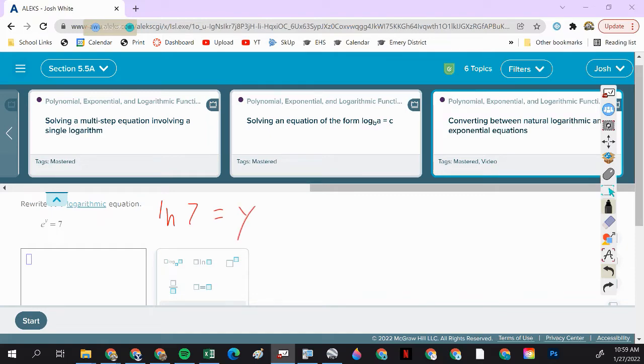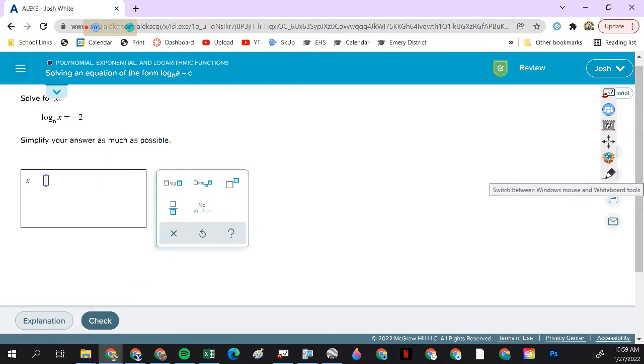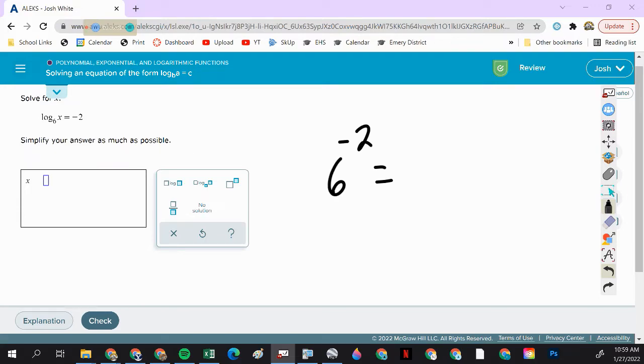Super easy. Okay. How would we solve this? 6 to the negative 2 equals x. Yep. 6 squared is 36. The negative flips it upside down. So the answer is 1 over 36. Easy enough.